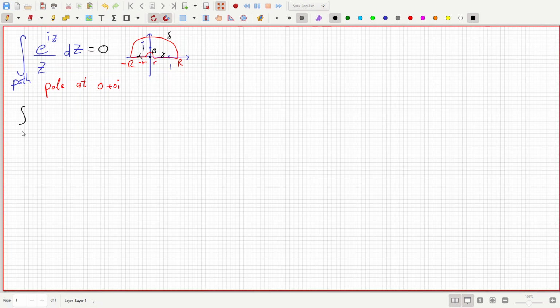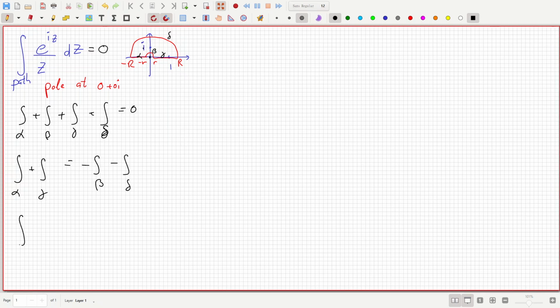So we can say that the integral for alpha plus beta plus gamma plus delta should equal 0. That is, the alpha integral and the gamma integral should equal minus the beta integral minus the delta integral.